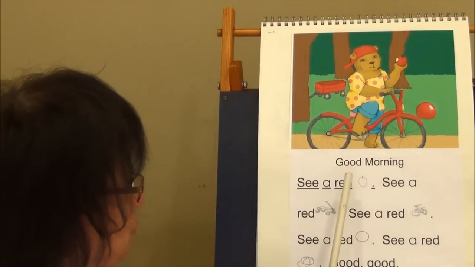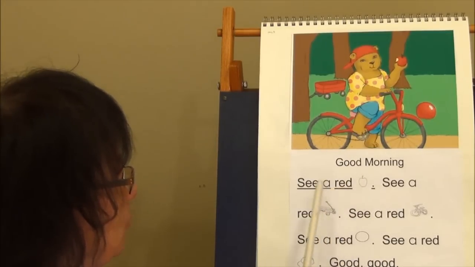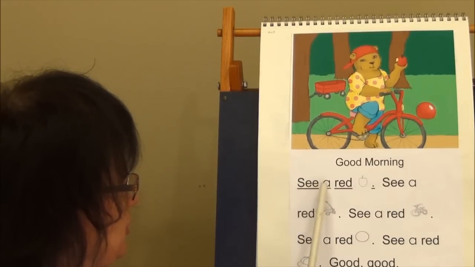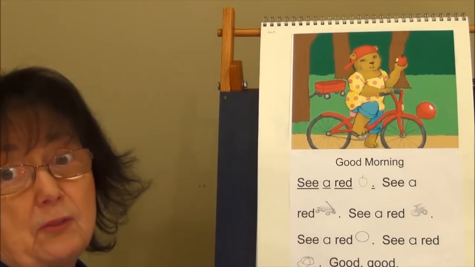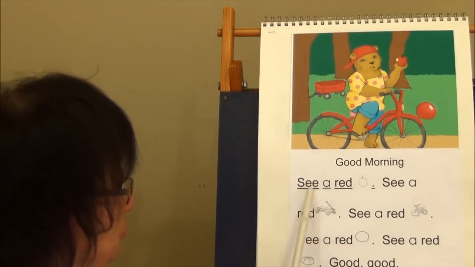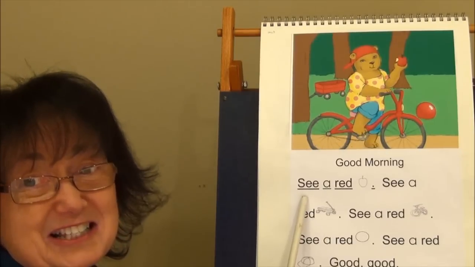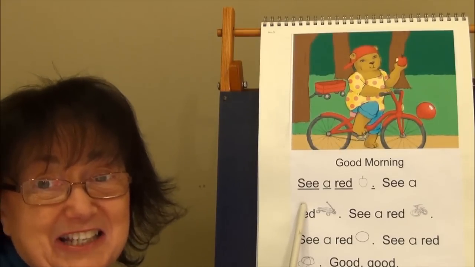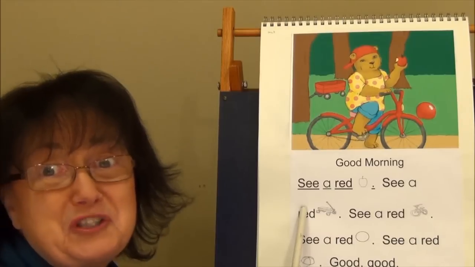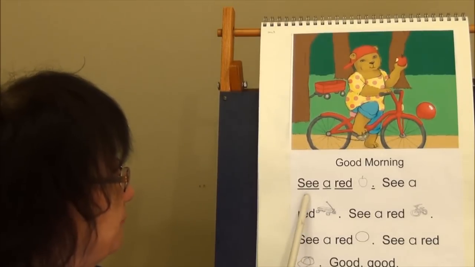Well, we have the word red. Now we have 2 new words before we can read this, because the words come before the word red. And the 2 new words are see, like I see you, or do you see me? See.